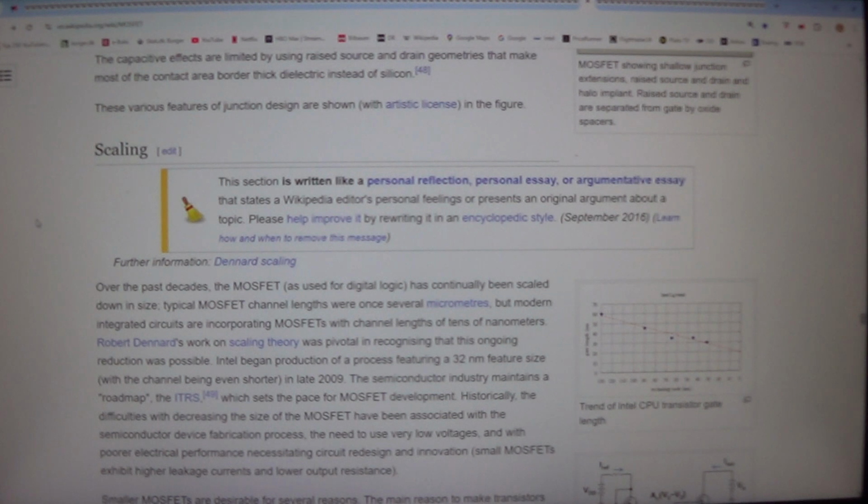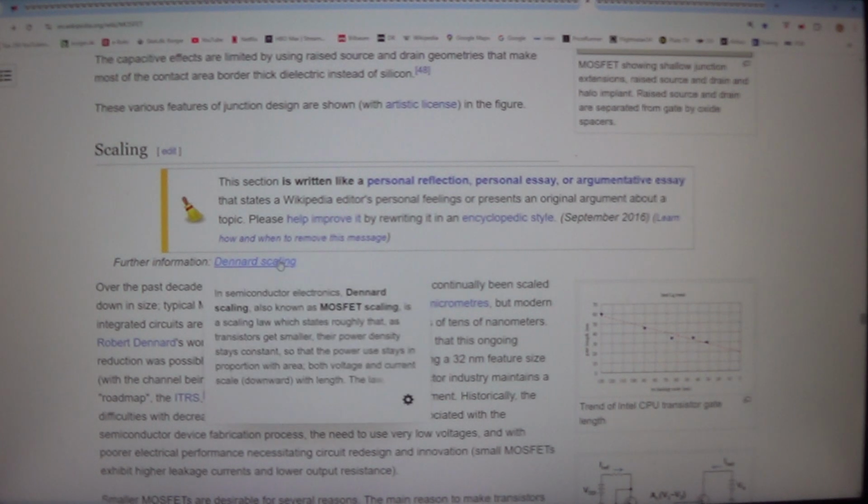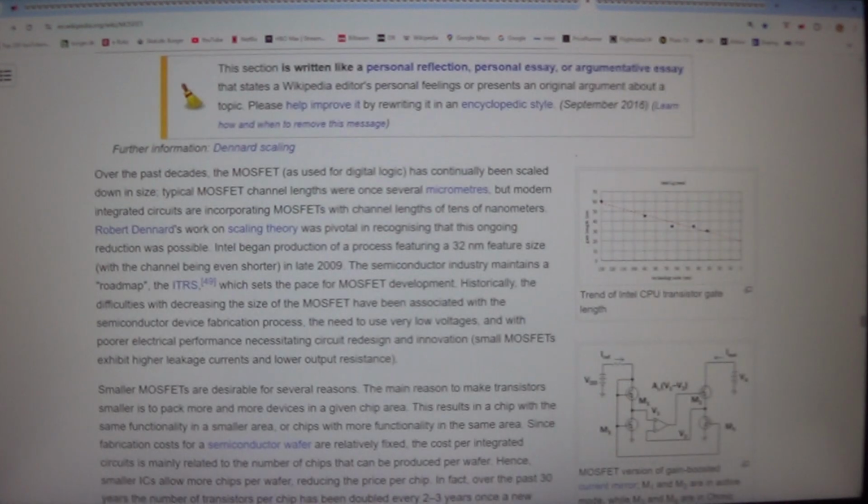Further information: Dennard scaling. Over the past decades, the MOSFET, as used for digital logic, has continually been scaled down in size. Typical MOSFET channel lengths were once several micrometers, but modern integrated circuits are incorporating MOSFETs with channel lengths of tens of nanometers.